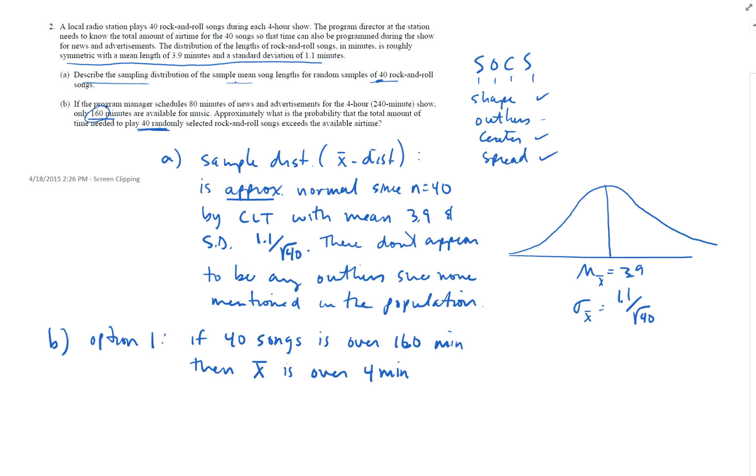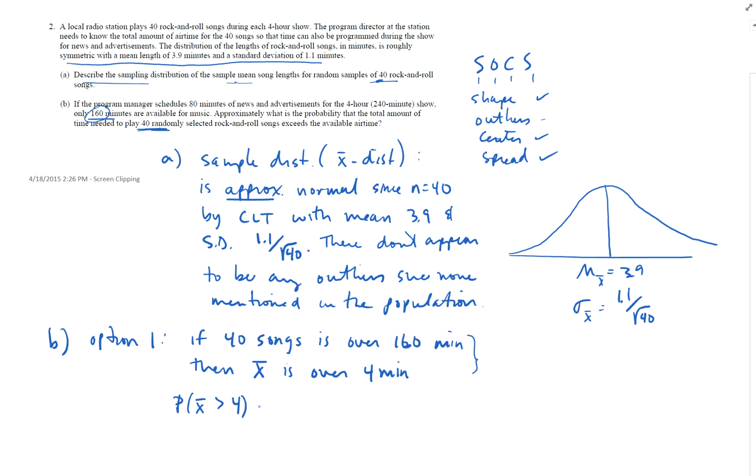Right? 160 divided by 40 is 4 minutes per song. So the average song length would be over 4 minutes. These two say the same thing. So really what we're asking is, what's the probability that X bar is greater than 4?